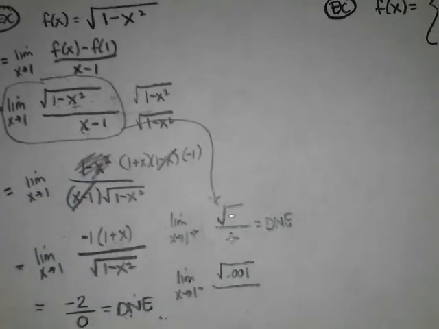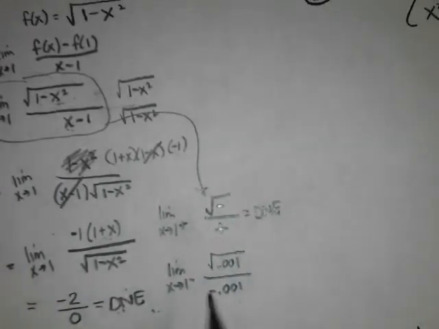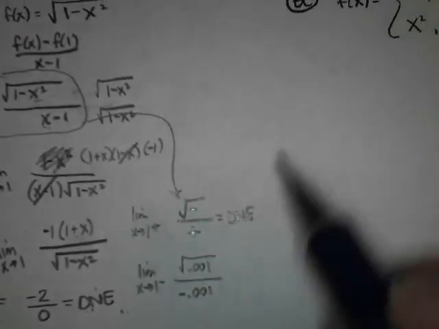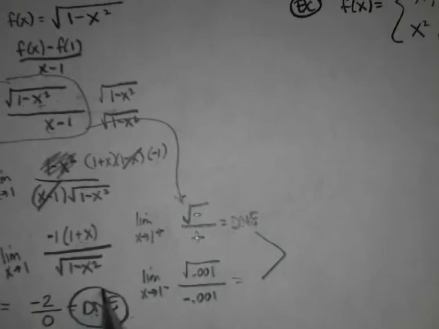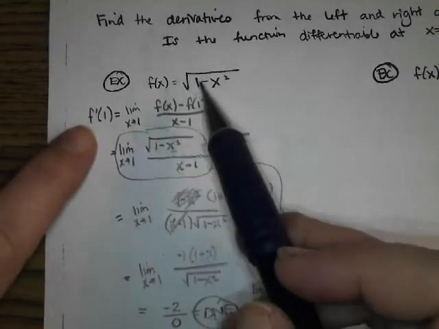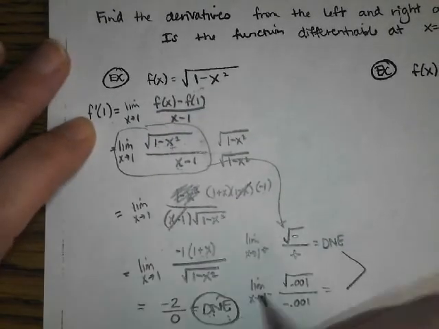So I'll get a limit coming from the left. But regardless, it's not going to match. And so this limit does not exist. Therefore, this function is not differentiable at 1. So f prime of 1 does not exist.